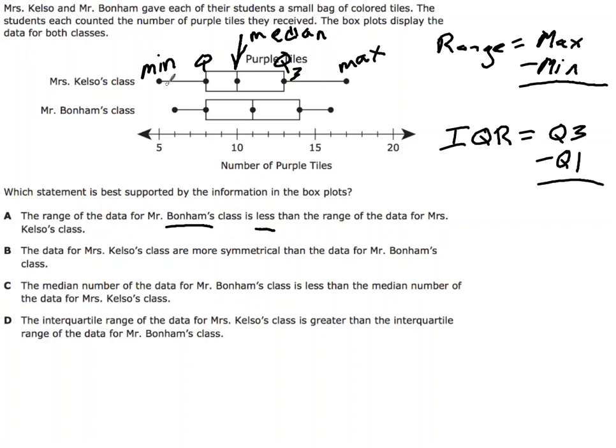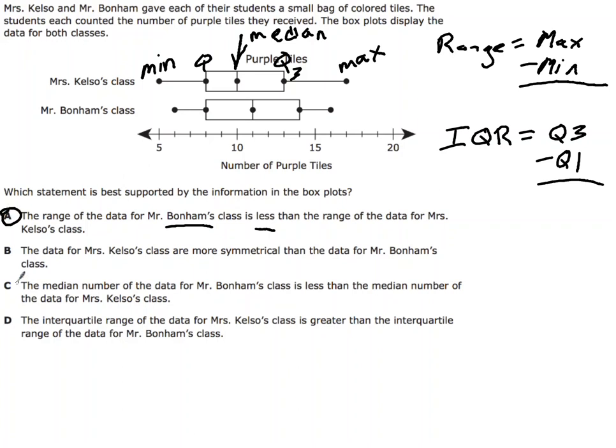Well, if the range is the minimum to the maximum, we can see that Mr. Bonham's class is less because his minimum is above Mrs. Kelso's and Mr. Bonham's maximum is below Mrs. Kelso's. Or another way of looking at it, the distance between the two extremes is less for Mr. Bonham than Mrs. Kelso. So already I know that A is correct.